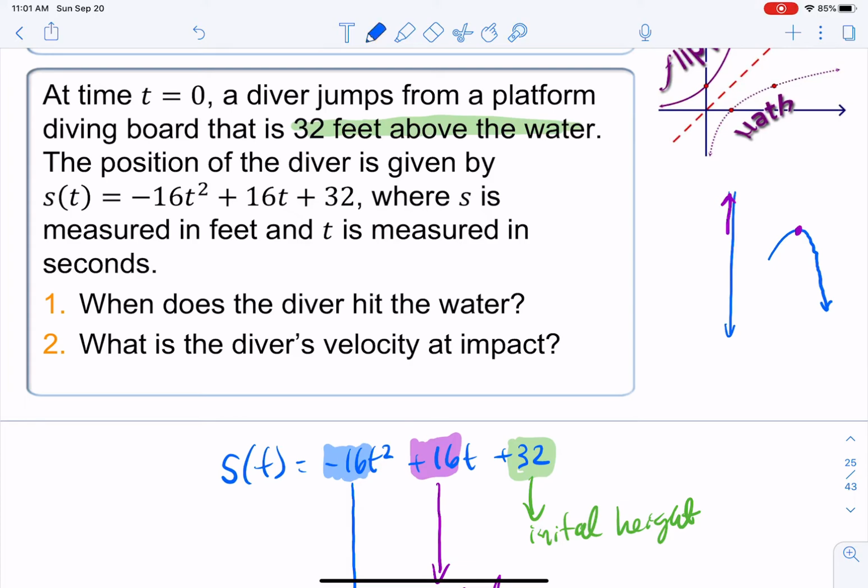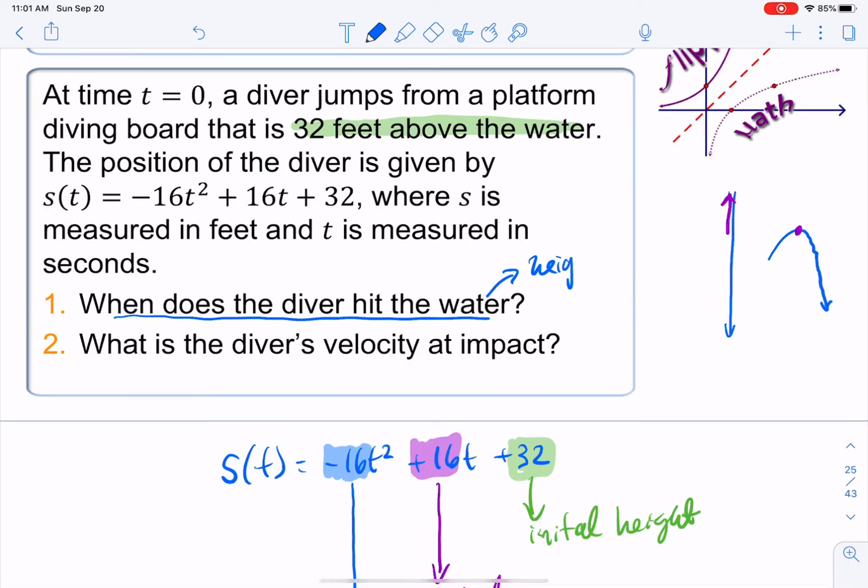Let's answer, when does the diver hit the water? So we're looking for a time, and now think about it. What's the height of the diver when they hit the water?